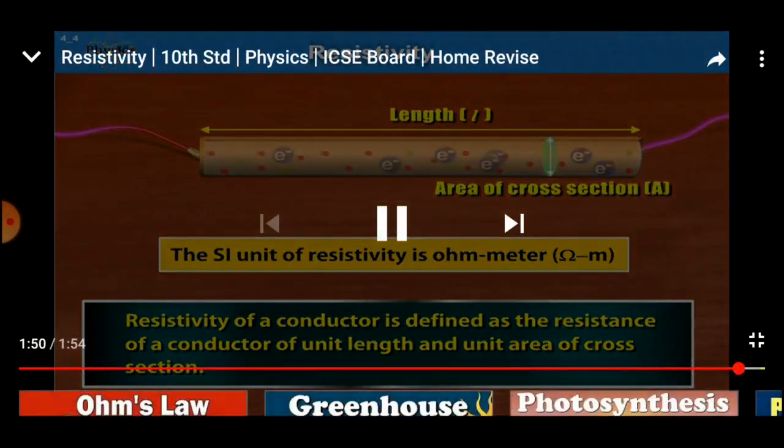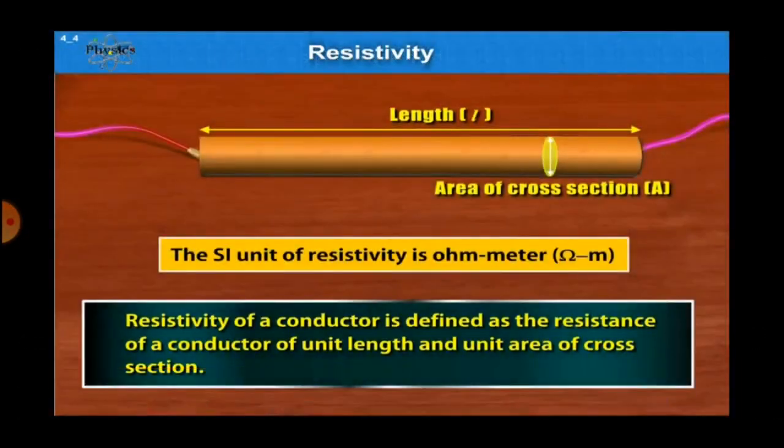We know that the SI unit of resistance is ohm, and the resistivity is a different property than the resistance. Resistance and resistivity both offer opposition to the flow of current, but these two physical quantities differ from each other.